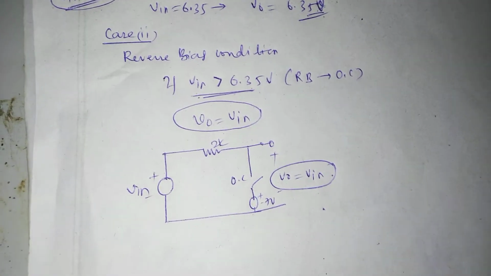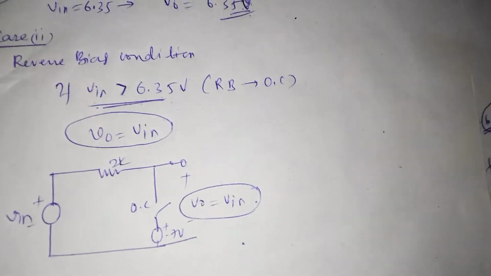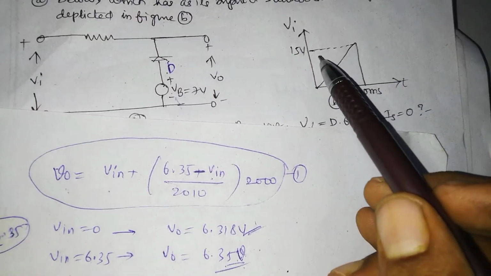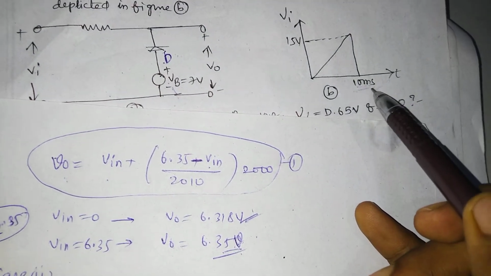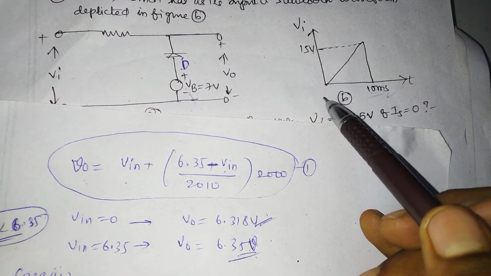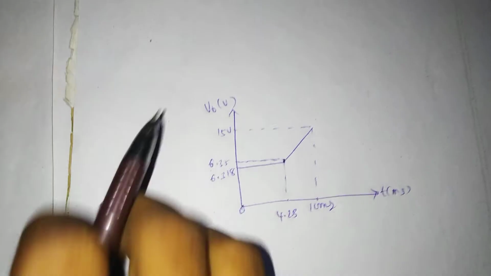So for that we plot the output waveform. Initially in the figure they mention 15 volts maximum for a 10 millisecond time period input. So this is our output waveform plot. How do we get the output plot?